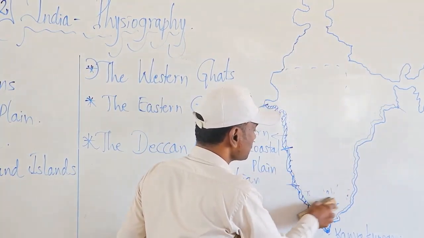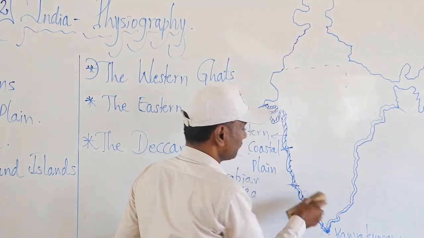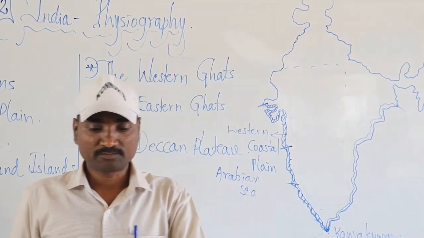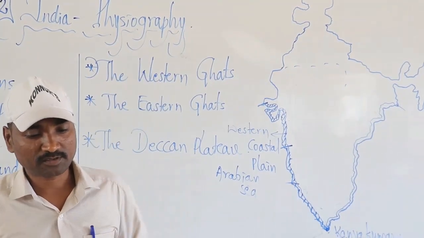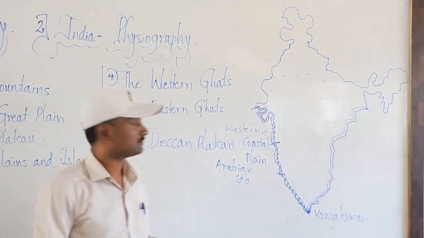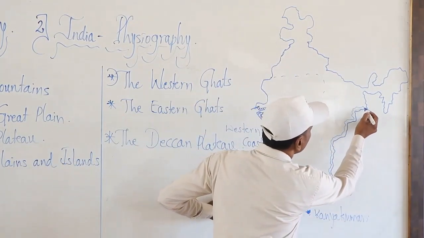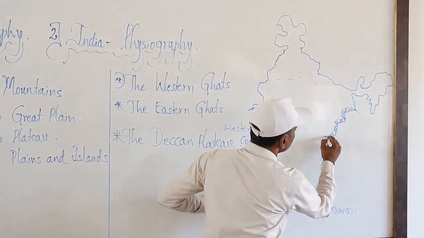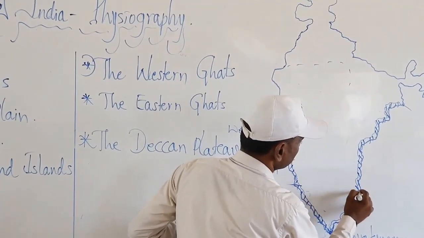Now we are going to discuss the eastern coastal area. This eastern coastal area extends from the north of Subarnarekha to Kanyakumari. This is the eastern coastal plain.